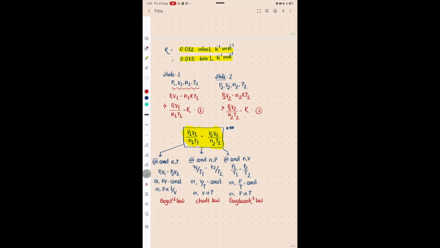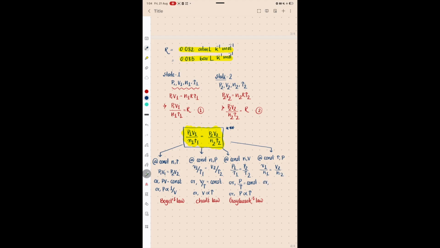Now, another parameter we can take constant: at constant temperature and pressure. So if we take constant temperature and pressure, then we can say that V1 by N1 is equal to V2 by N2, right?